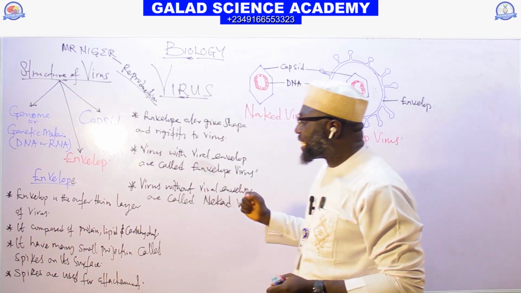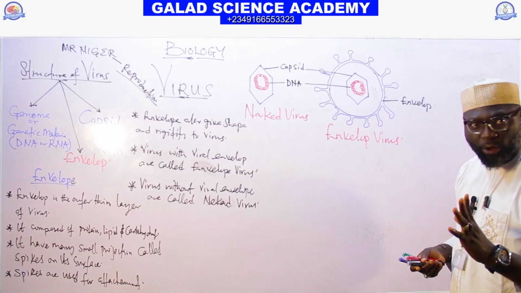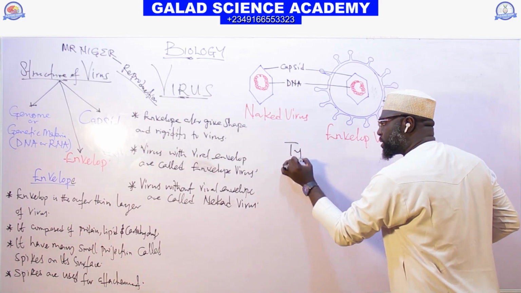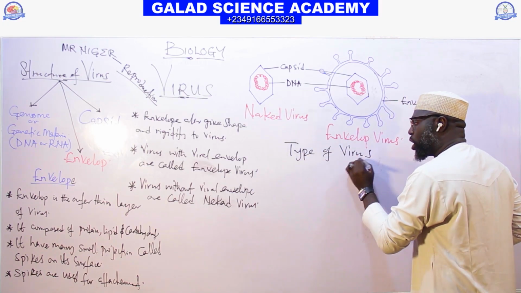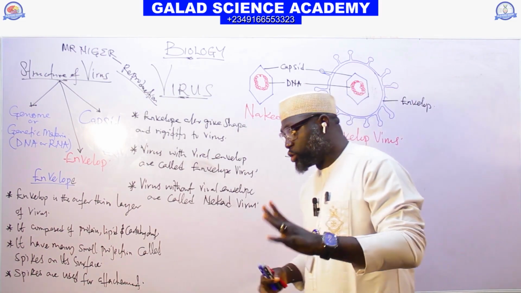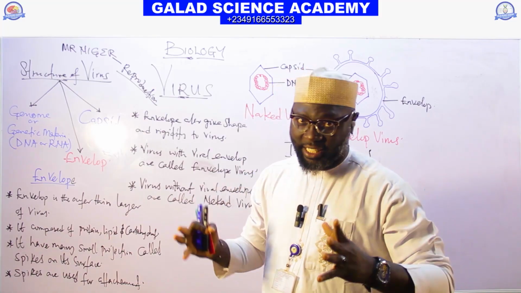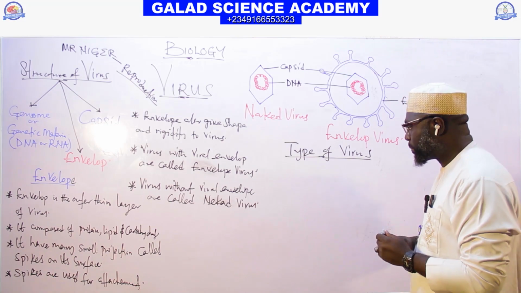The last thing I would like to explain is the types of virus. Like I said earlier, viruses can be classified into different kinds. The first one is based on genetic material.